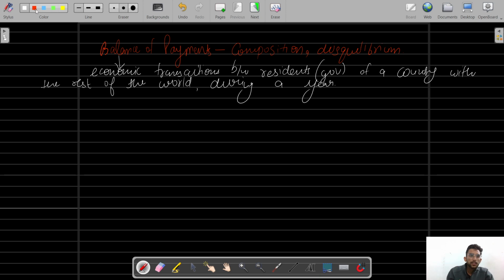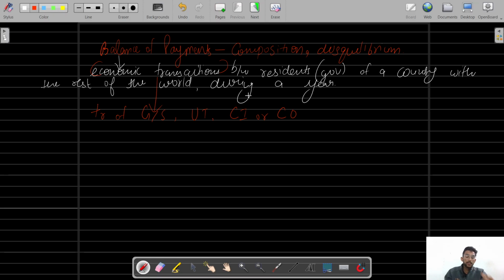Economic transaction means transactions of goods and services, unilateral transfers, capital inflows or capital outflows. It can be anything, typically monetary transactions.